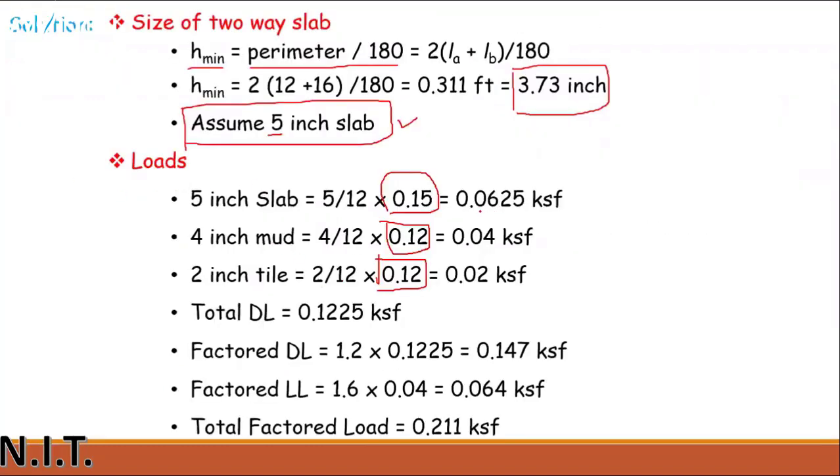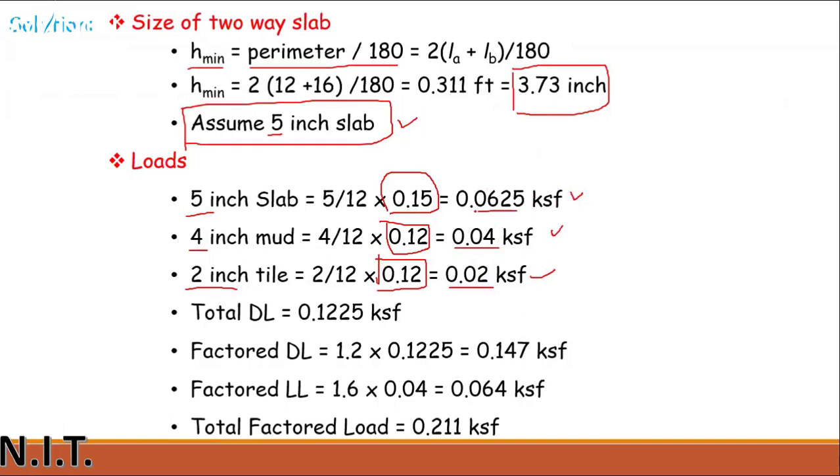So these are the corresponding dead loads of these layers: the self weight of the slab, the weight of the mud layer, and the weight of the tile layer. Clear?